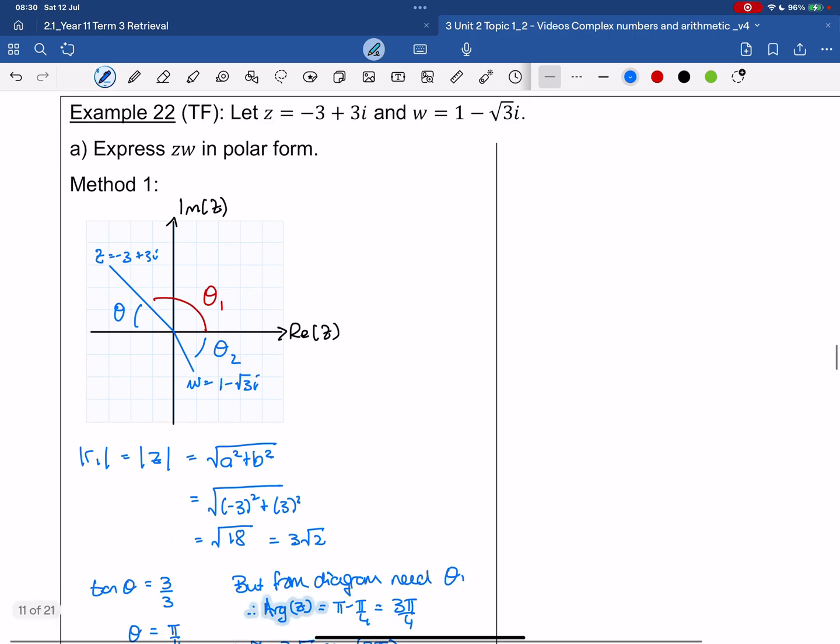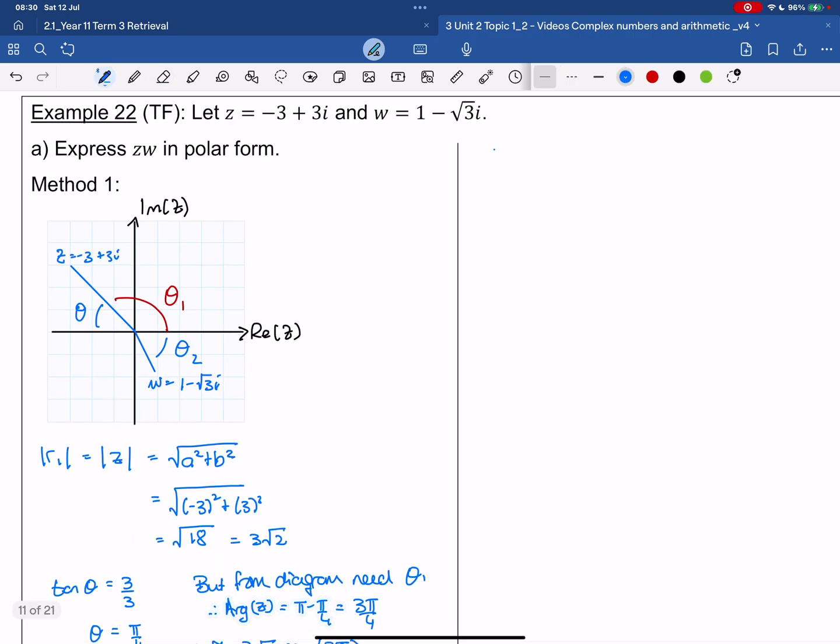All right, let's have a look at W. So our modulus of our second polar coordinate is going to be my modulus of W, and that again is going to be a squared plus b squared square rooted, and that's going to be 1 squared plus negative root 3 squared, and that's going to be 1 plus 3 square rooted, which is 2.